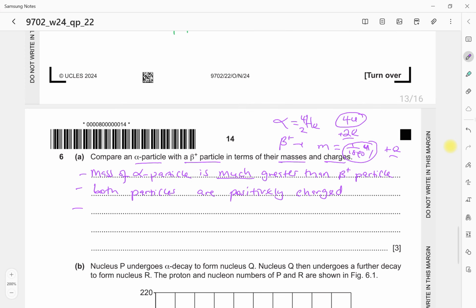So I will simply say the magnitude of charge on alpha particle is twice the charge on beta plus particle.